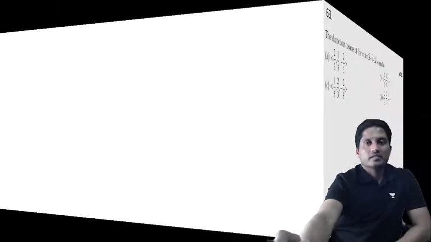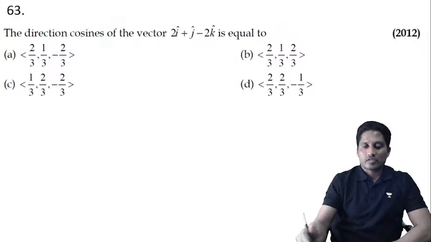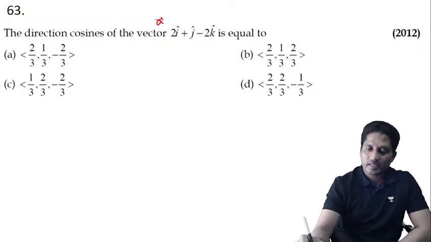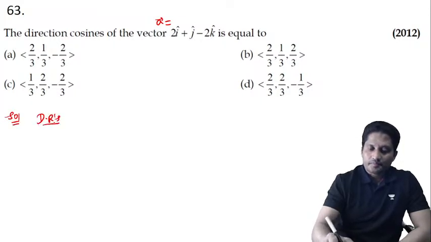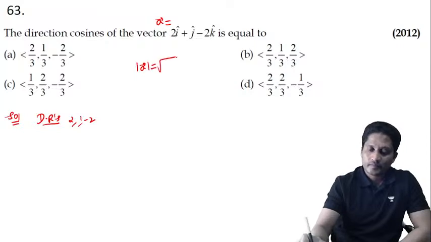Question number 63. Direction cosines of a vector. So this is vector A, right? Direction ratios will be equal to 2, 1 and minus 2. These are the direction ratios. For direction cosines, if I take modulus of A, root of 4 plus 1 plus 4, which is equal to root 9, 3.